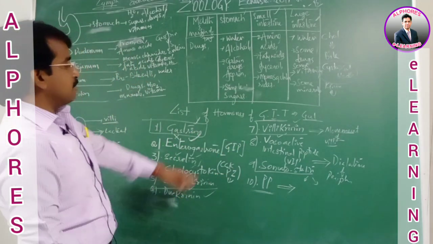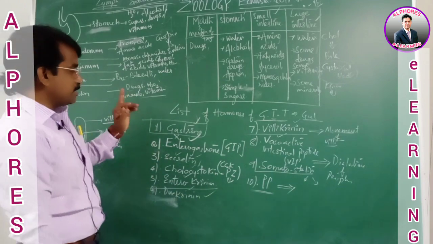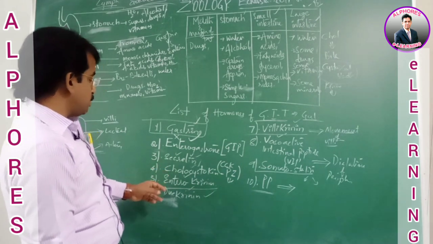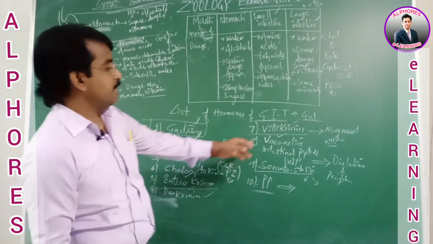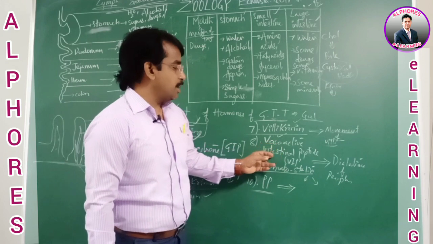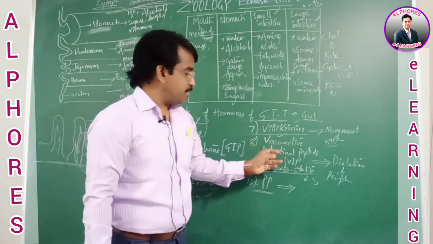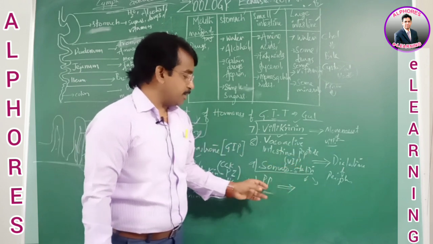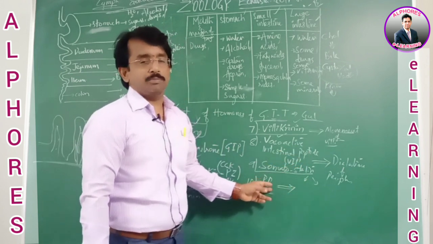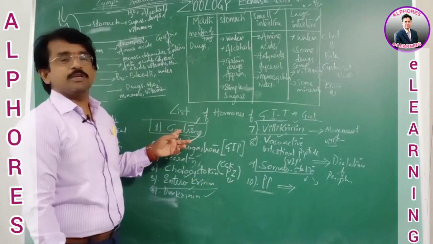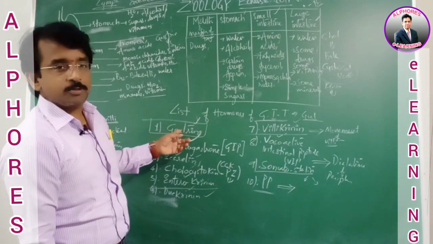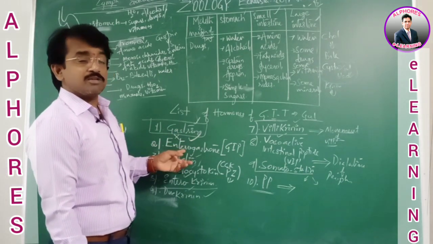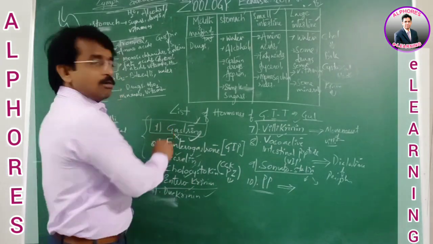The list of the gastrointestinal tract hormones is gastrin, enterogastrone, secretin, cholecystokinin, enterocrinin, duocrinin, villicrinin, vasoactive intestinal peptide, somatostatin, pancreatic polypeptide. Gastrin stimulates the gastric motility and the gastric juice. Enterogastrone inhibits the gastric juice and the gastric motility. These two are antagonistic.